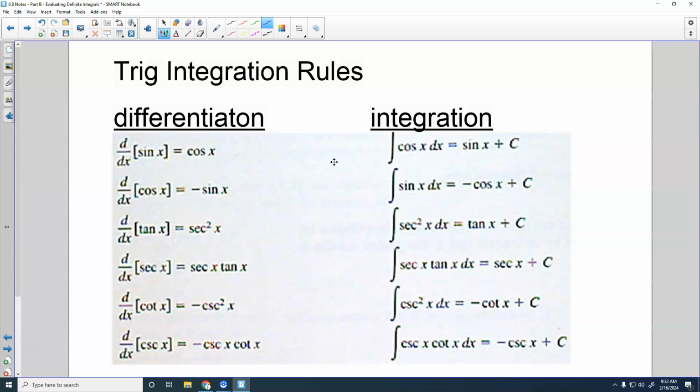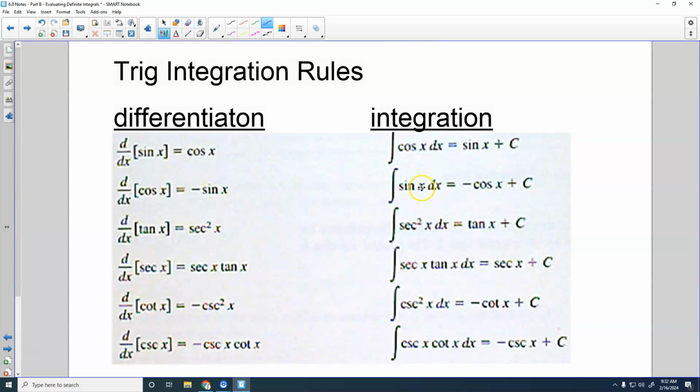But you should already have a lot of it memorized because you should know the differentiation rules, right? So the derivative of sine is cosine. So the integral of cosine is sine, right? If we take the derivative of cosine, it gives us negative sine.